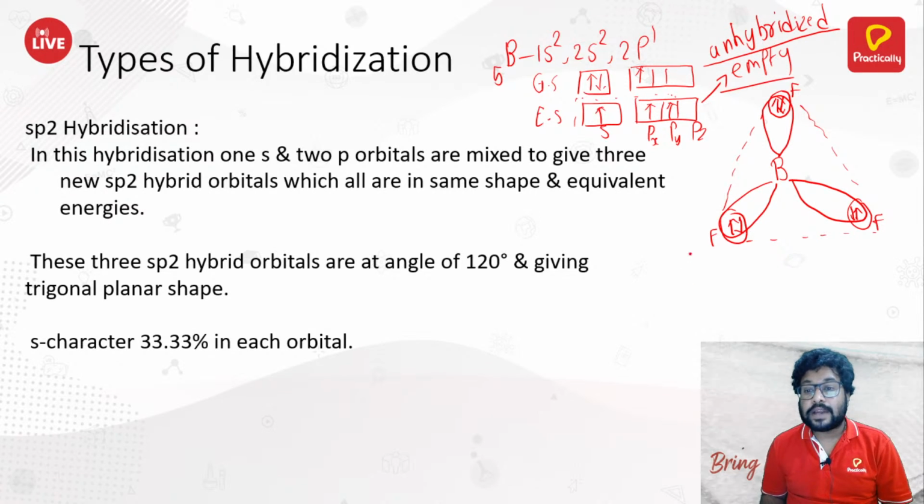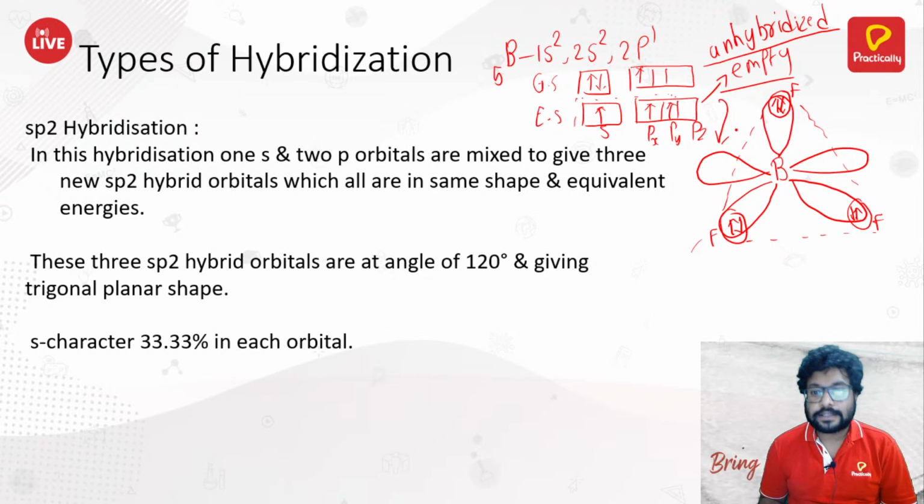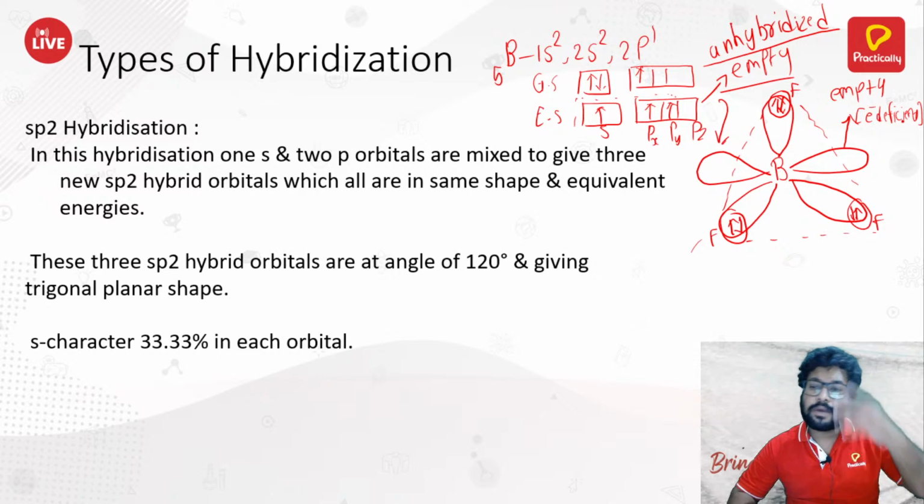It is trigonal planar, and perpendicular to this is the pz. It is empty, so it will be electron deficient. Do you remember?